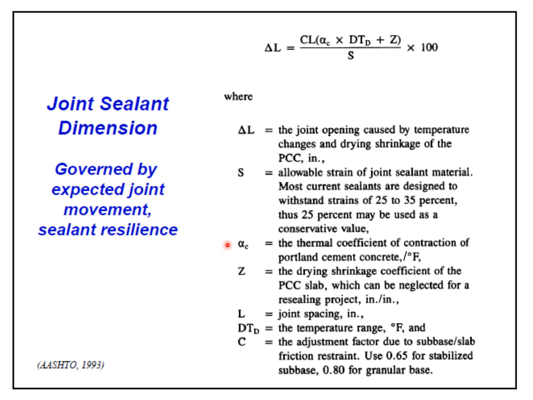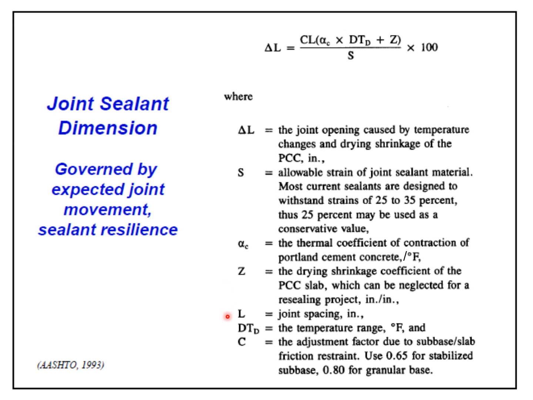Alpha sub C is the thermal coefficient of contraction of Portland cement concrete per Fahrenheit. Z is the drying shrinkage coefficient of the PCC slab, which can be neglected for a resealing project.